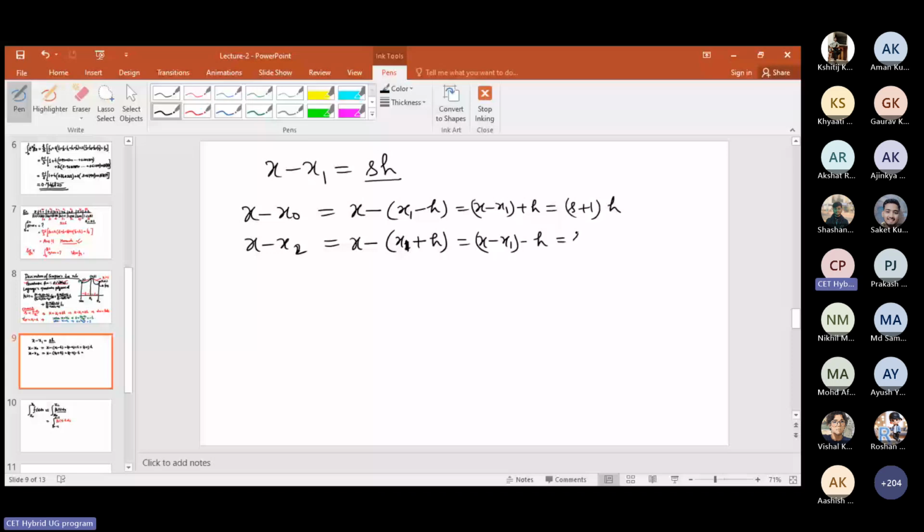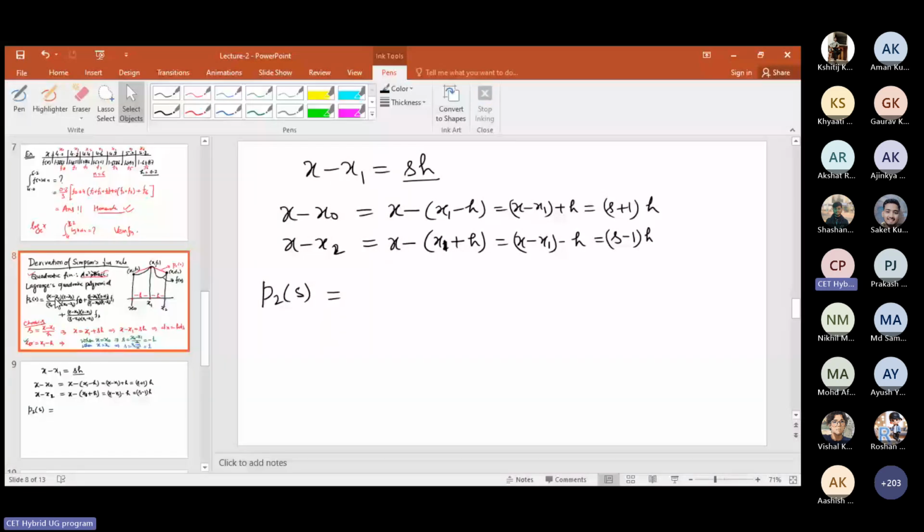Okay. So now this p2s, replacing x by s. Let me make it a little bigger for you. This is your p2x. So substitute the values of x minus x0, x minus x2, etc. The first term in p2x is x minus x1.